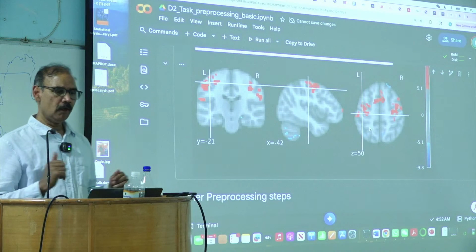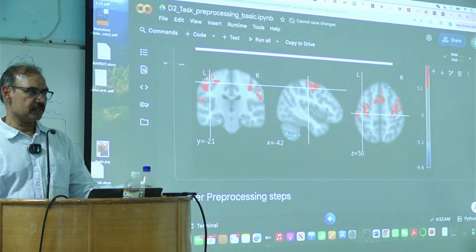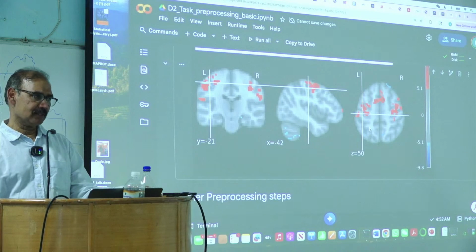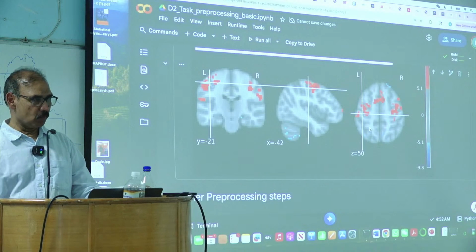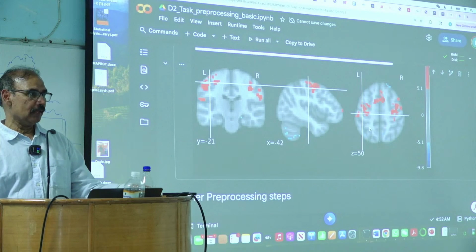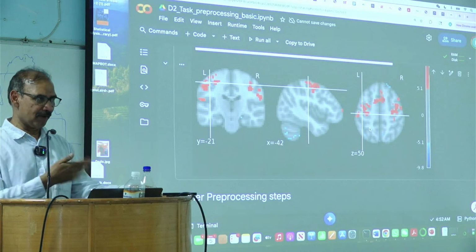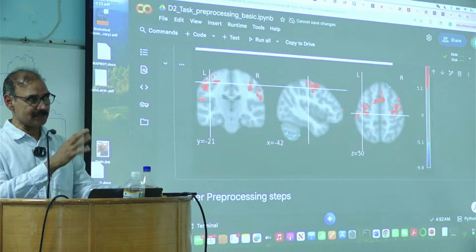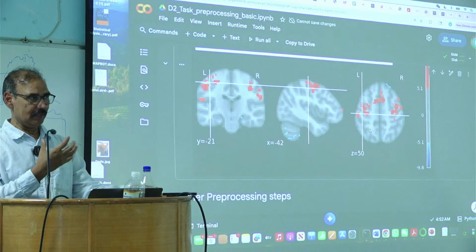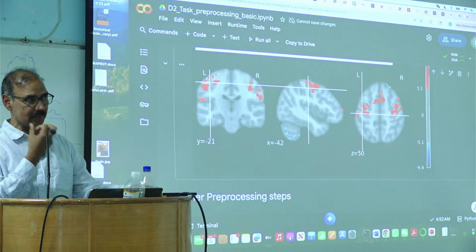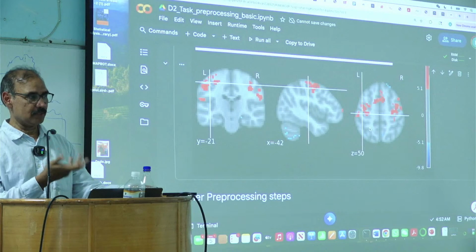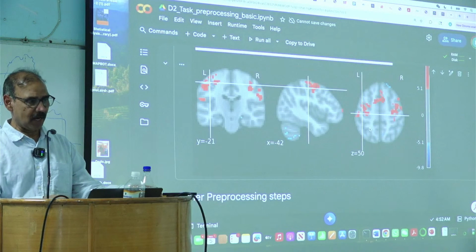Then if you use EEG, it has its own headaches. If you do fNIRS, it's mostly superficial, right? So that is where I think fMRI is useful, because it has decent spatial and temporal resolution and doesn't have any harmful effect.